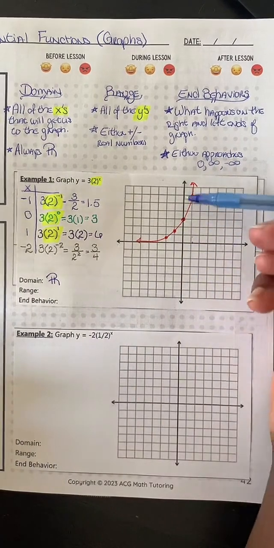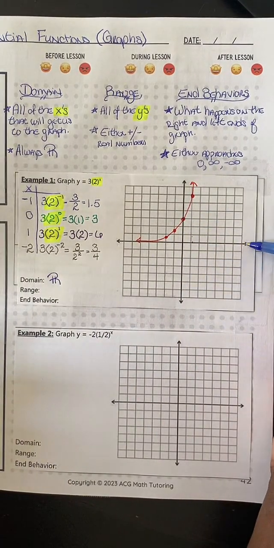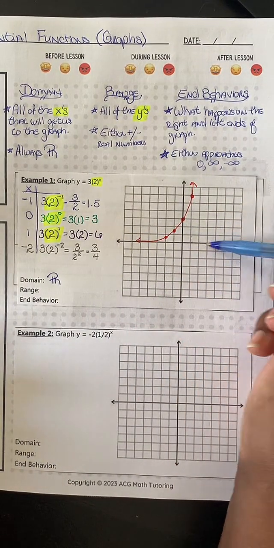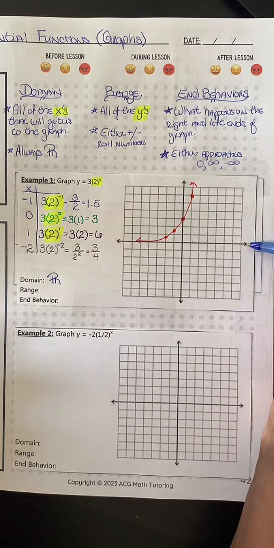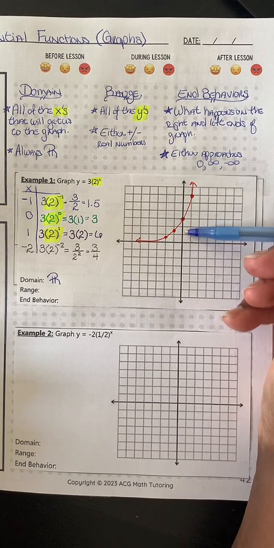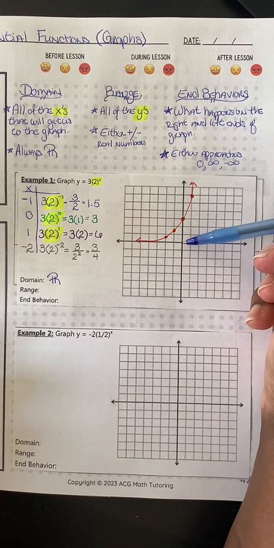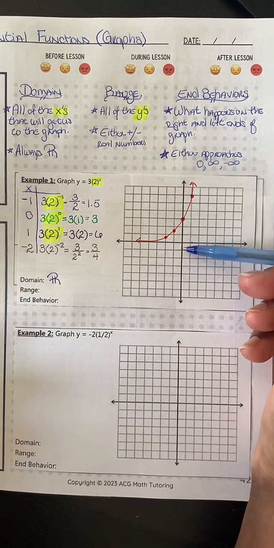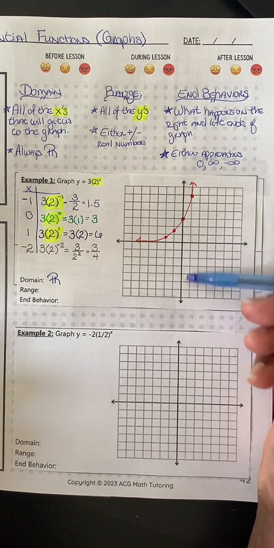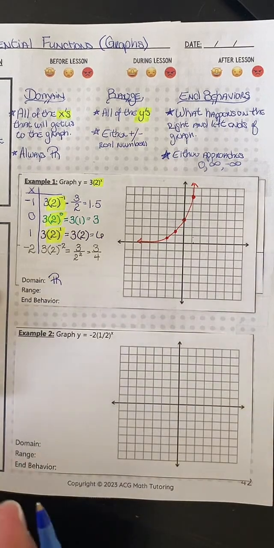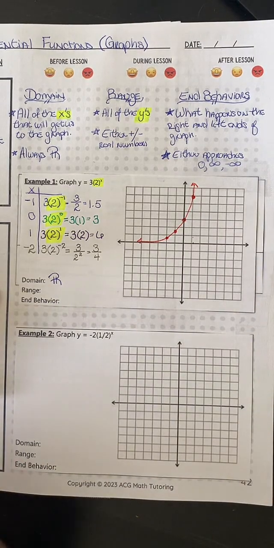But my range, my y's, since it's not crossing my x-axis, I have this boundary. It's only dealing with what's going on from the 0 all the way up, not including 0. It's not dealing with any of the negative y values. So if you want to write your range, I'm going to write it in interval notation.